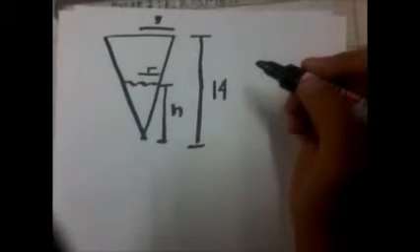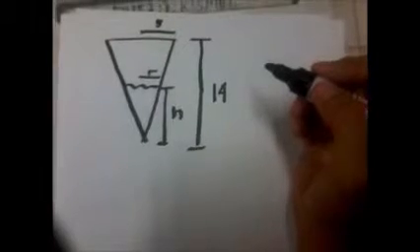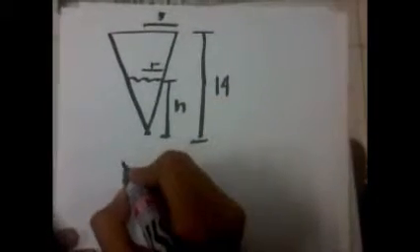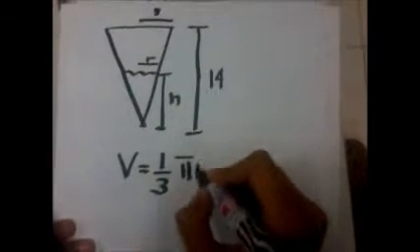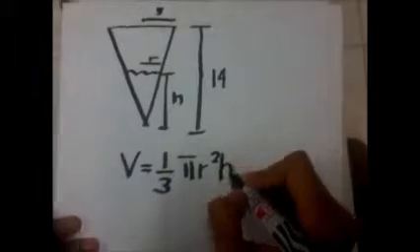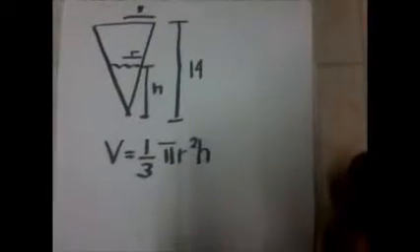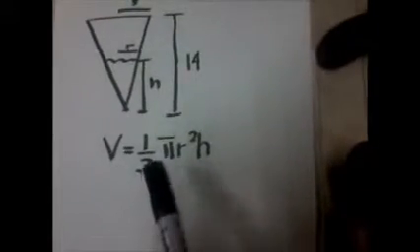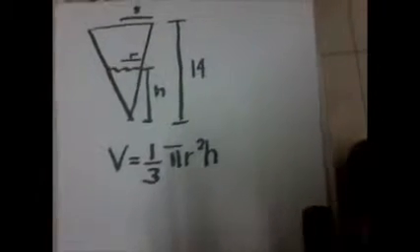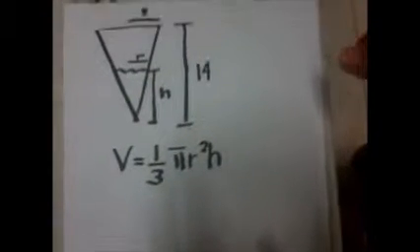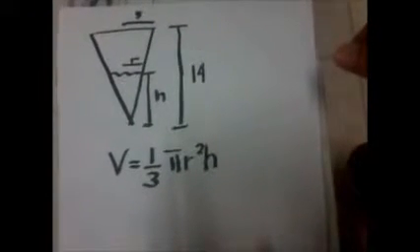So the volume of water in the tank at any time is given by V = 1/3 π r² h. To fix this, we'll need to eliminate the r from the volume formula in some way. This is actually easier than it might at first look.